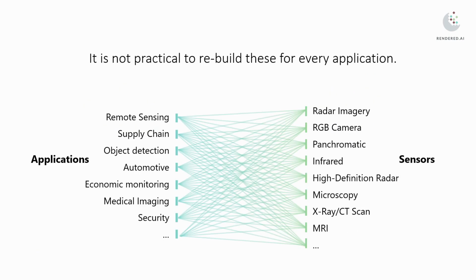But here's the kicker. It's really not practical to build up that capability for every single use case out there for synthetic data. There's just too many applications, there's too many ground truths, and every single one of those has a myriad of different sensors which are used for them. So there are times where maybe there's enough overlap that you can go deep, but a lot of these are long tail applications.